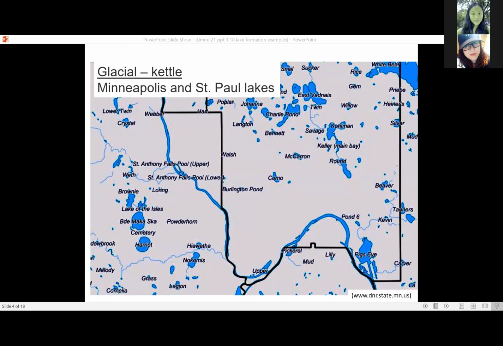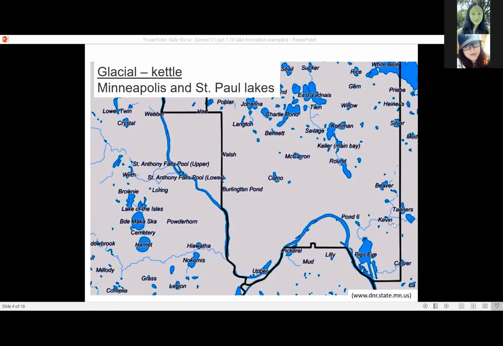Okay, well, I think I've explained the formation of kettle lakes, and here's just Minnesota, here is the Twin Cities, here's Minneapolis over here, here is St. Paul over here, Roseville, Vadnais Heights, right? I hope you can see that. Woodbury's over here, right?